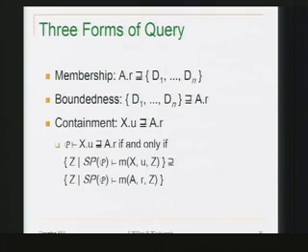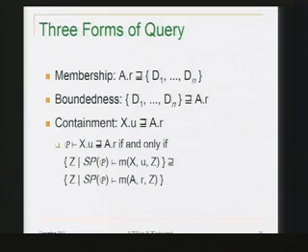There are going to be three different forms of queries: membership, boundedness, and containment. You'll notice that membership and boundedness, basically, compare a given role, A.R, to a specific set of given principals, D1 through Dn. So on the left, we ask whether A.R contains D1 through Dn as a subset. And in the other case, we ask whether A.R is bounded by the set D1 through Dn.